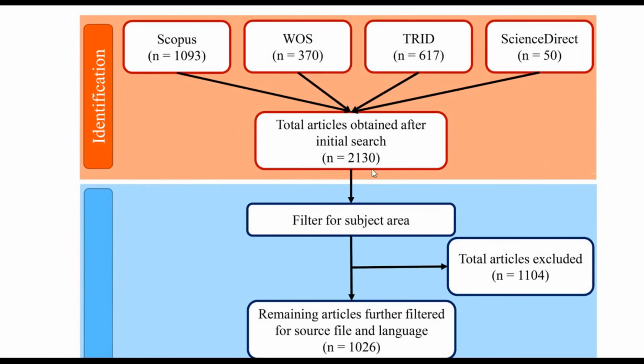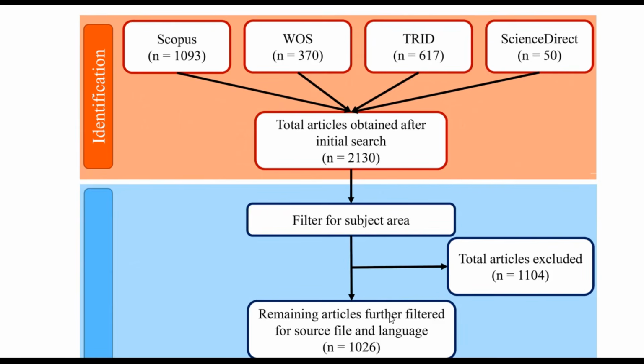Now, out of these 2130 papers which you found from Scopus, Web of Science, TRID and Science Direct, when you apply the filter for subject area, 1104 are removed. So the remaining are 1026.